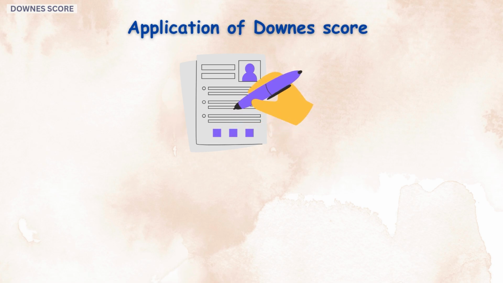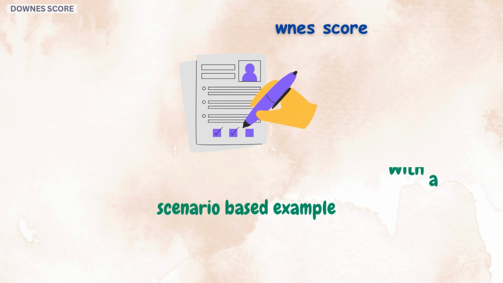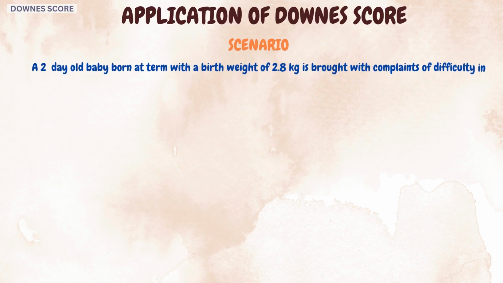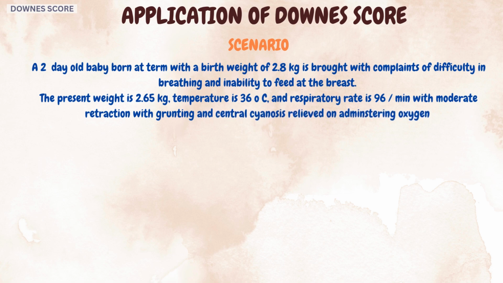As we have learned about the Downey score and its components, let's learn the application of Downey score with a scenario-based example. We are given a scenario which states that a 2-day-old baby born at term with a birth weight of 2.8 kg is brought with complaints of difficulty in breathing and inability to feed at the breast. The present weight is 2.65 kg.